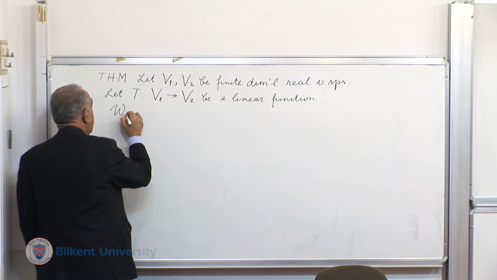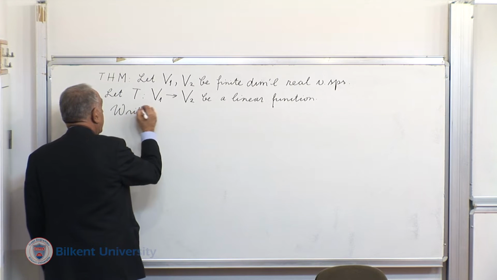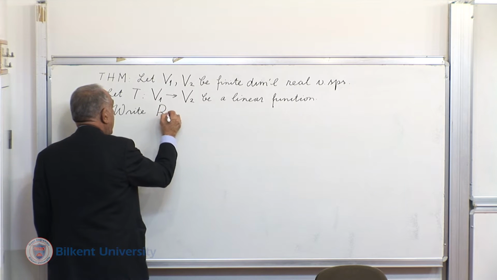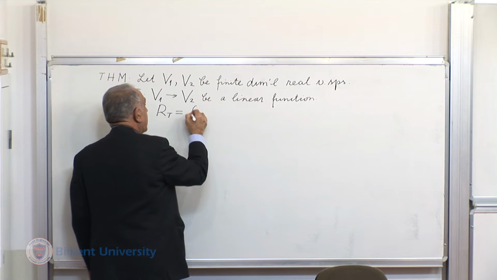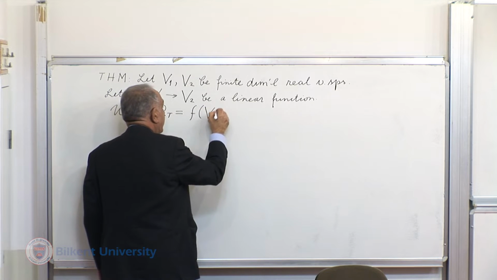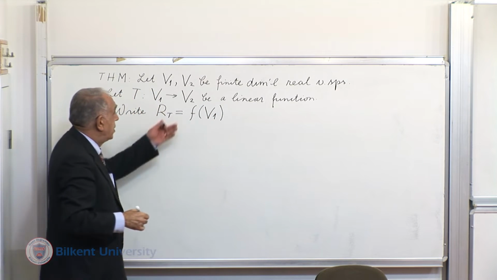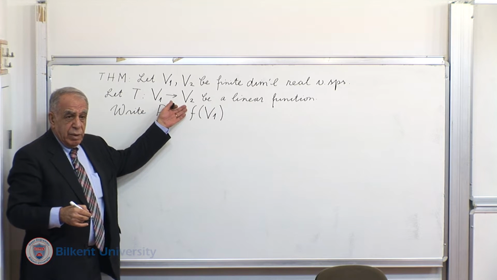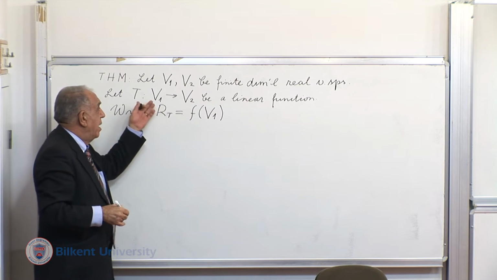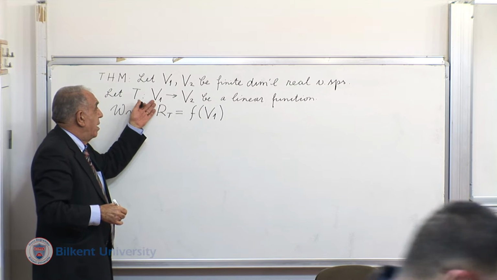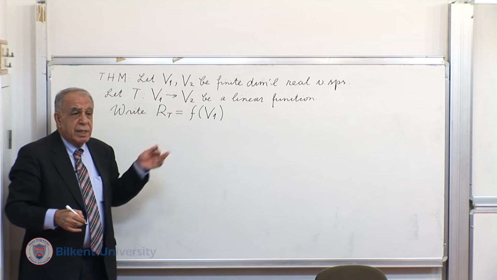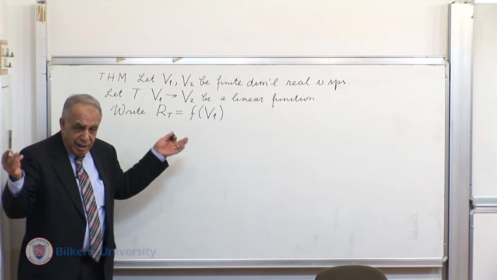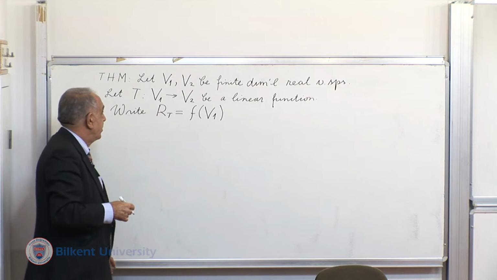Write R sub T for the range of this, that is T of V1. Well, if it's onto, then that will be V2, but in fact, a map which sends every vector in V1 to the zero vector in V2, that's a linear map as well.